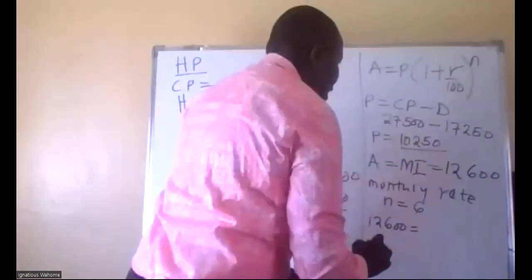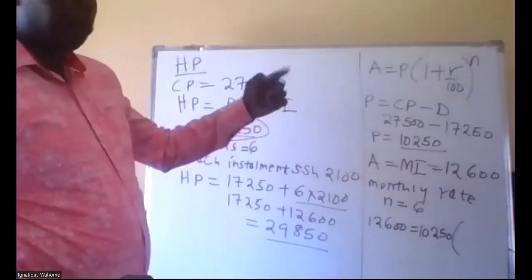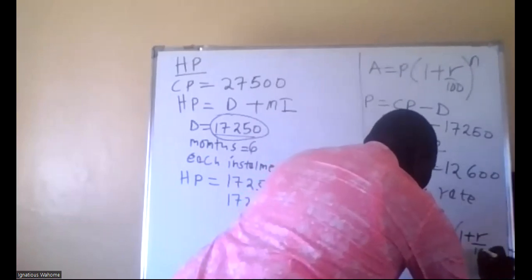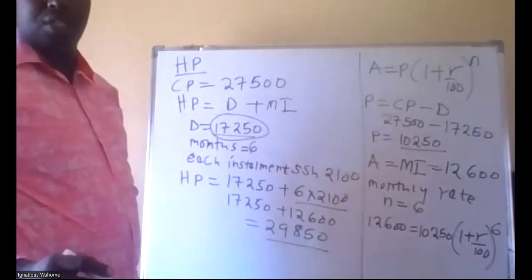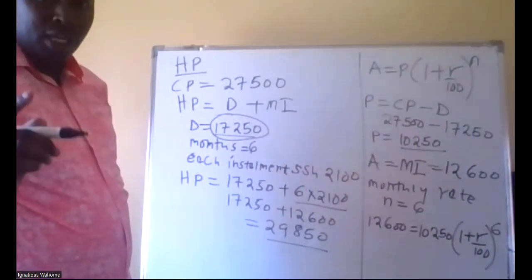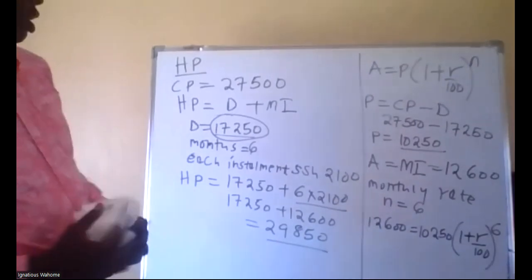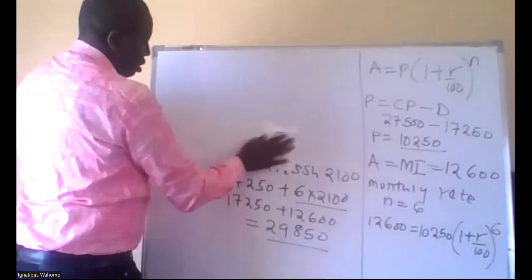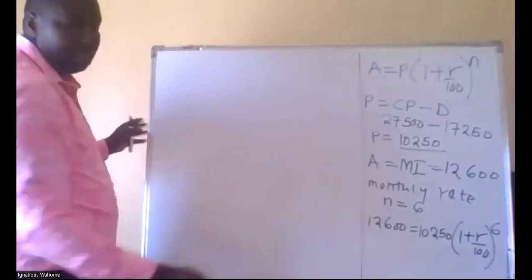Our principal is 10,250, bracket 1 plus R over 100 to the power of 6. We want to calculate the monthly rate. So let's find the monthly rate.